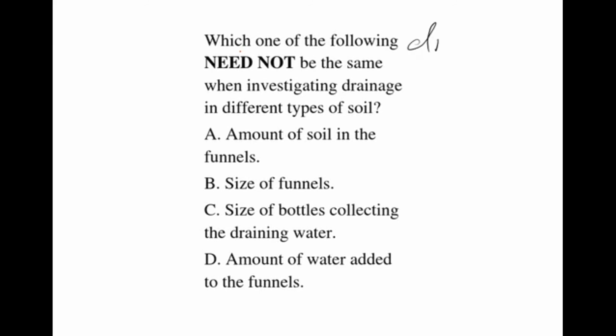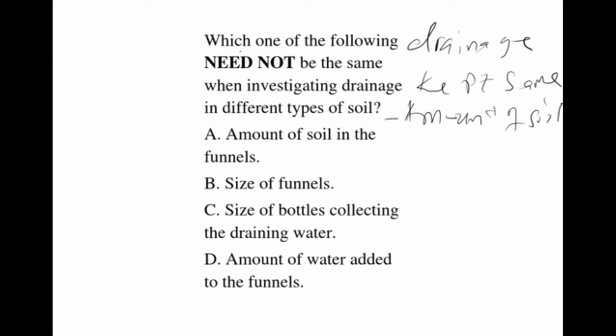Drainage is the ability of the soil to allow water to pass through it. So when carrying out drainage, some of the things that need to be kept the same include: 1. The amount of soil.